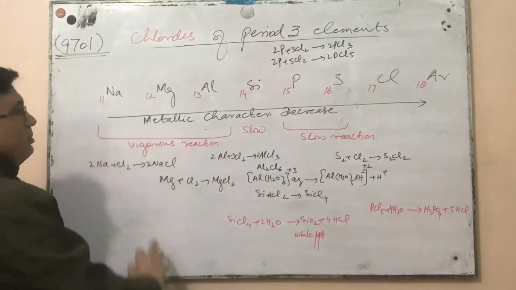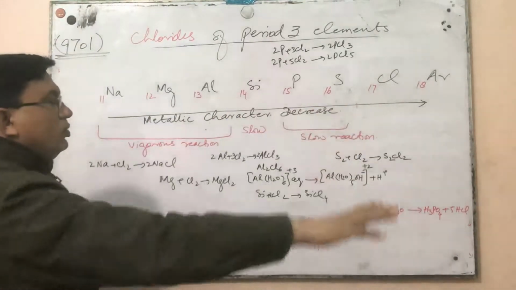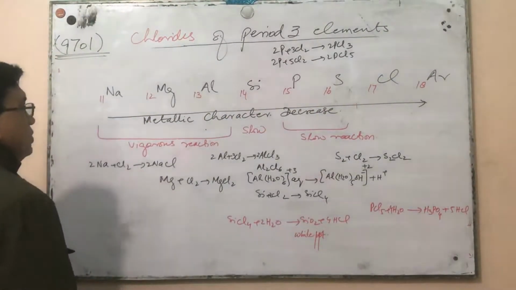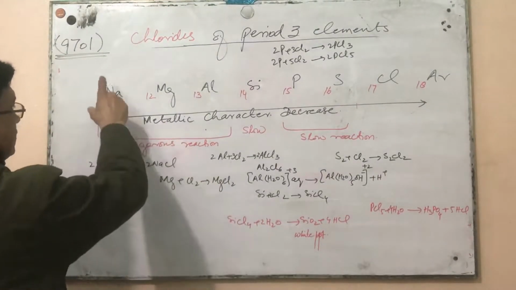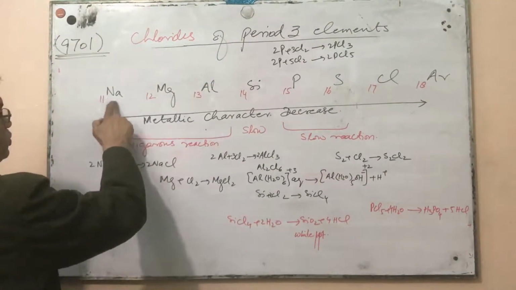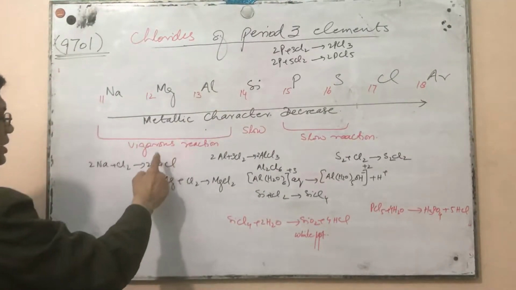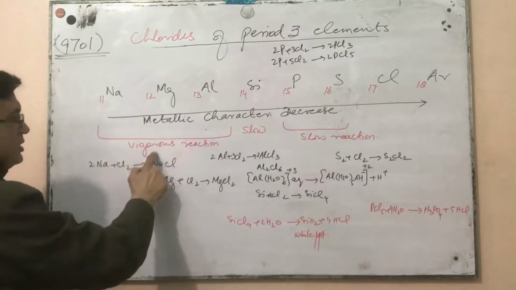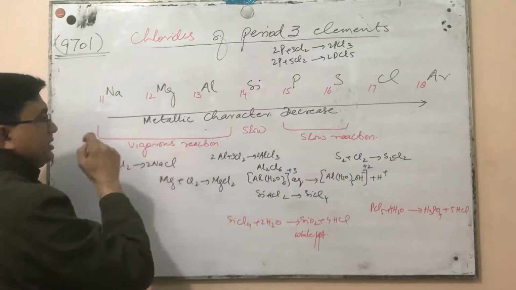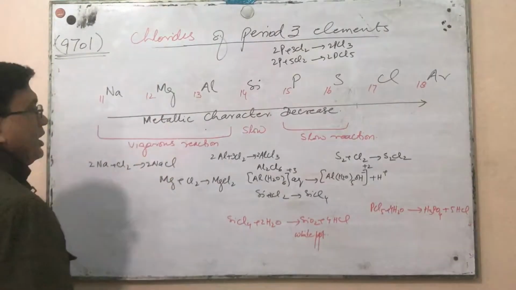As we know, the metallic character from left to right in the period decreases. So all these metals, sodium, magnesium and aluminium, react vigorously with chlorine, producing the respective chlorides.